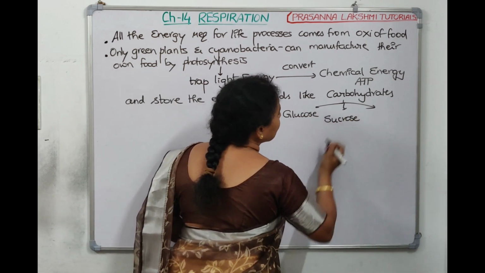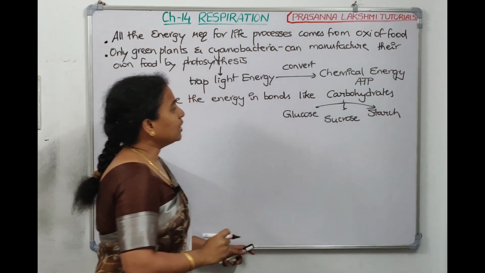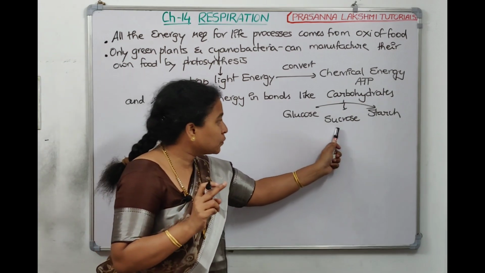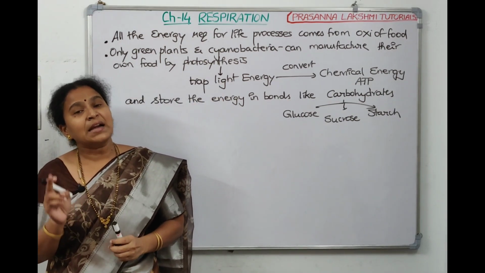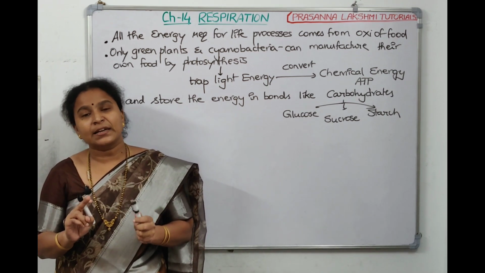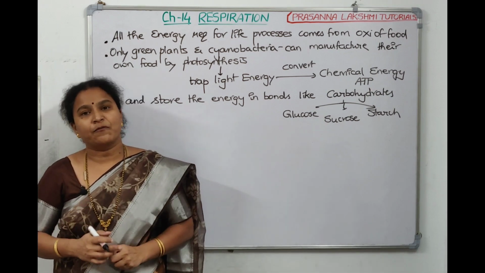Sucrose. What is a reserve food material? Starch. So, it stores the energy either in the form of glucose or sucrose or starch, right? So, green plants and cyanobacteria trap the sunlight energy, convert it into chemical energy and store that chemical energy in these chemical forms.